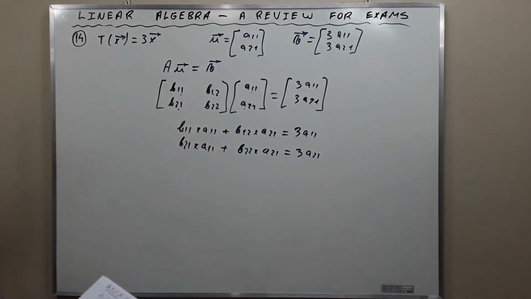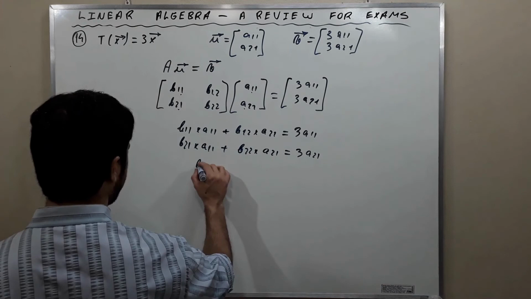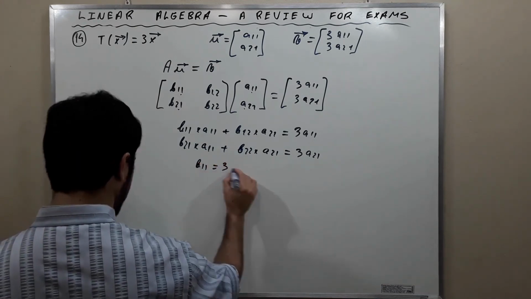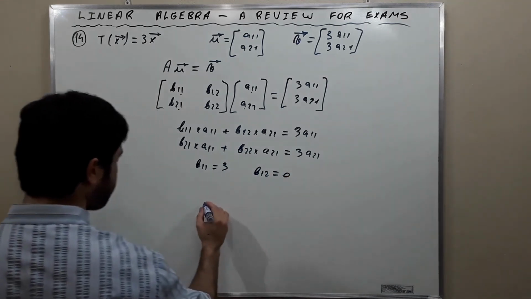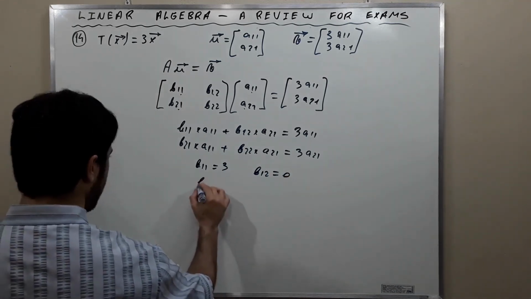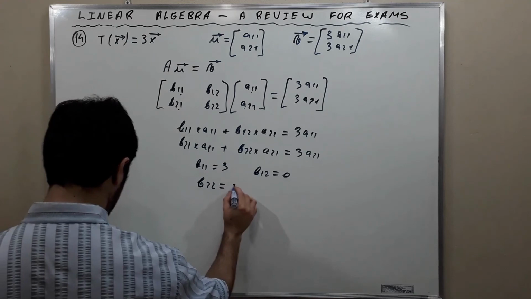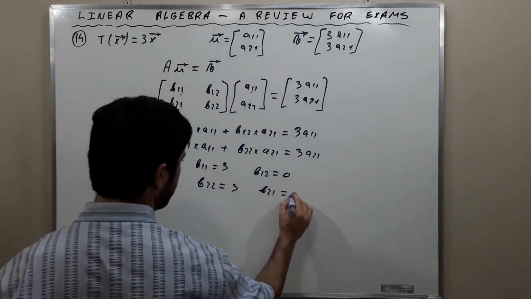Alright? And by doing this, we discover that b11 is equal to 3, b12 is equal to 0, b22 is equal to 3, and b21 equal to 0.